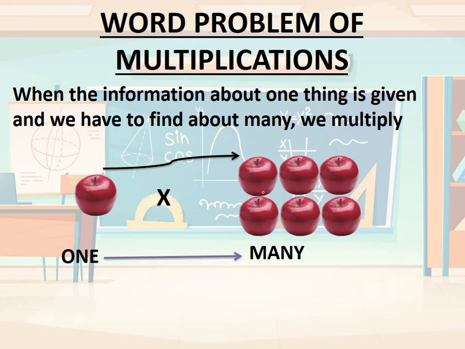Just read the question, and if you find the information about one is given and you are asking about the same thing for many times, then what do you do? Multiplication. Correct?